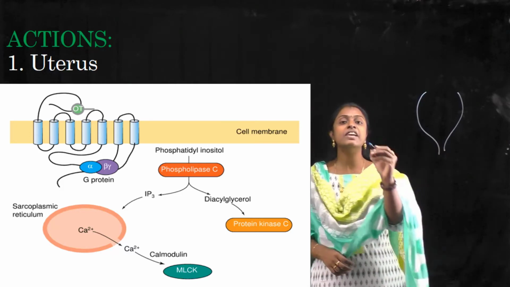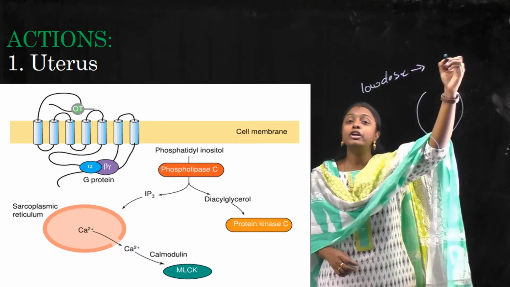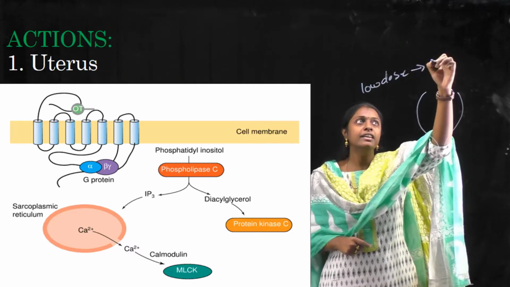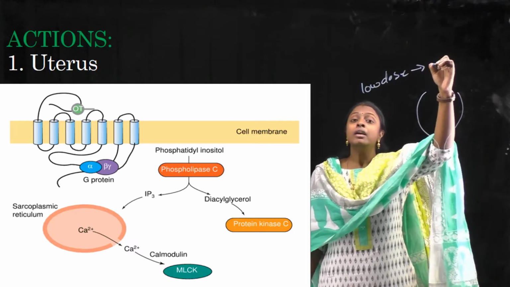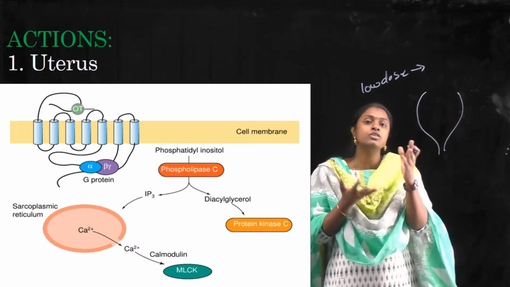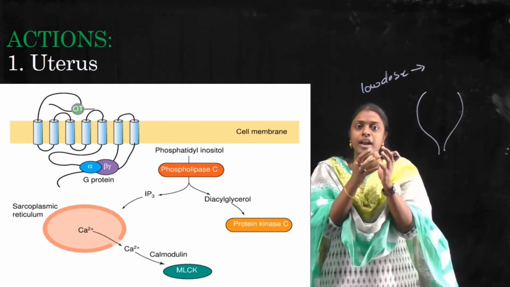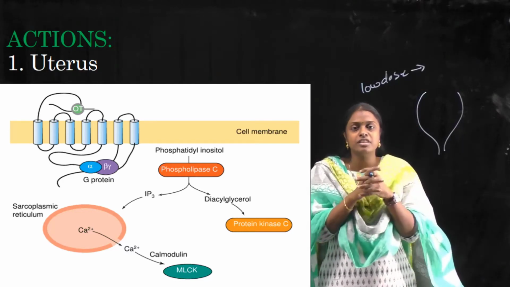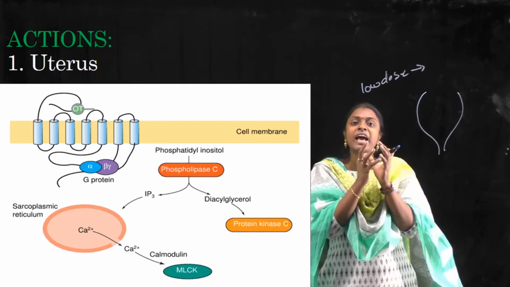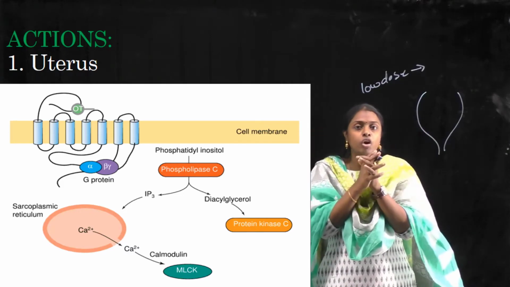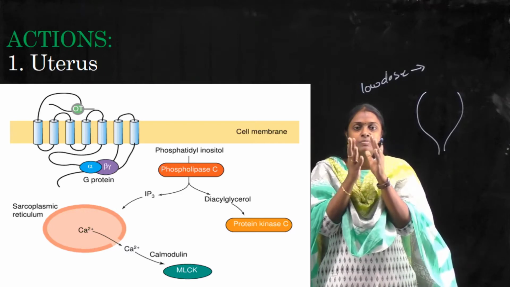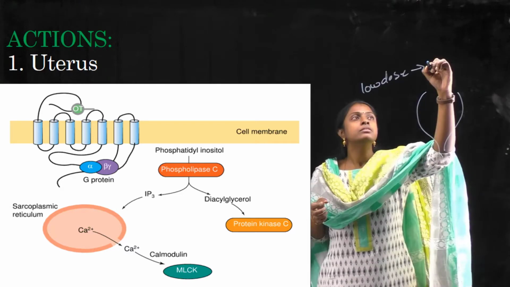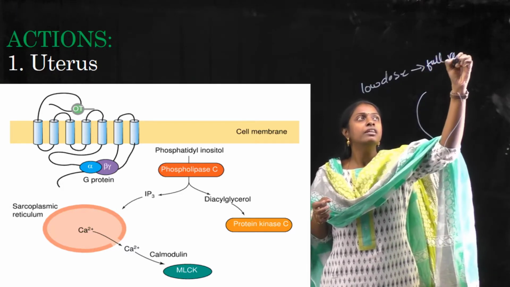So when we are giving a low dose, it will do full relaxation and contraction, full relaxation between the contractions. That means after contracting, it will do full relaxation. When we are giving high dosages, there will be slight relaxation, but there will be more contraction. So the relaxation will be this much, but the contraction will be huge.